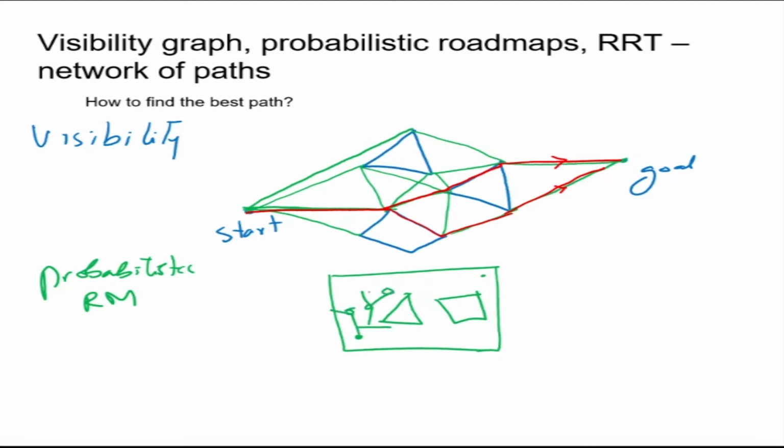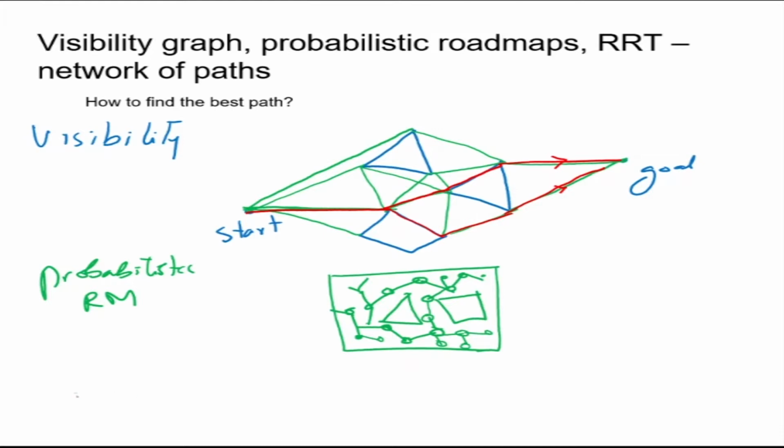Basically we generate nodes which are possible, and then we connect nodes by edges and see whether I can connect from the start point to the goal point. So these are nodes, and two of the nodes are connected by edges. But in all these cases what we see is that we are making a network of paths. Then the question comes, which path am I going to take?